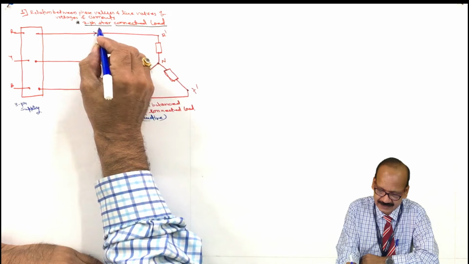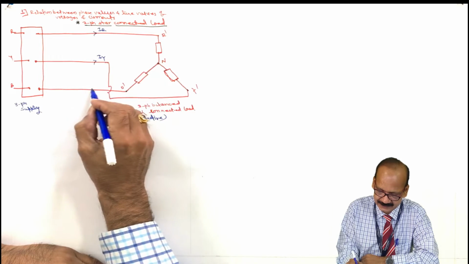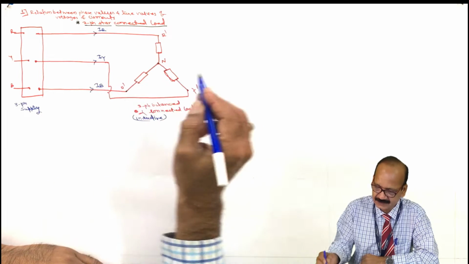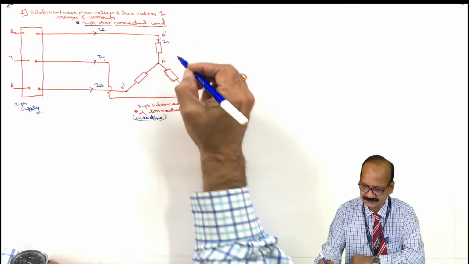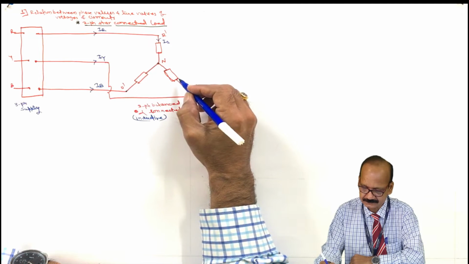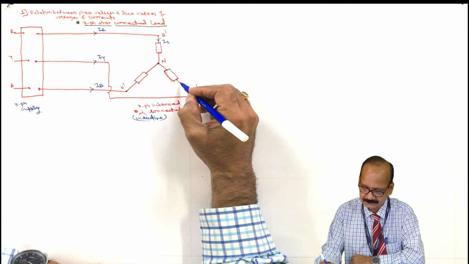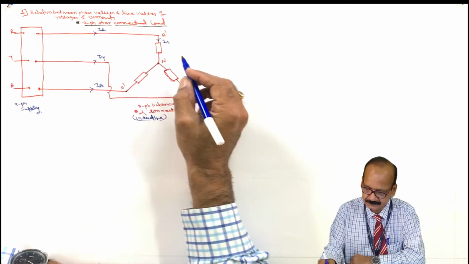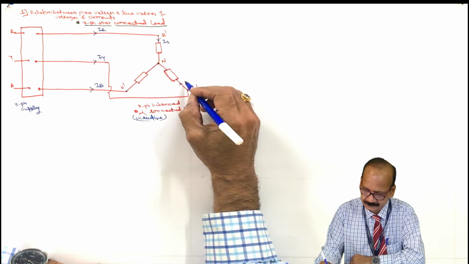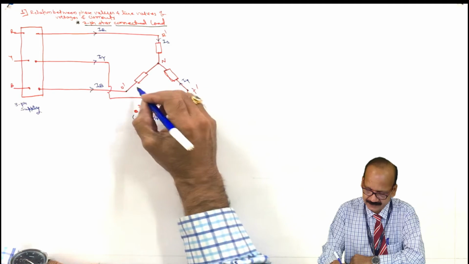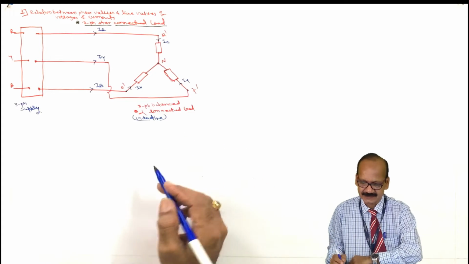So here it is I capital R, current flowing through the Y line is IY, and current flowing through the B line is capital IB. Now here the current flowing through the phase of a load is nothing but capital I small r, IY and this is IB.